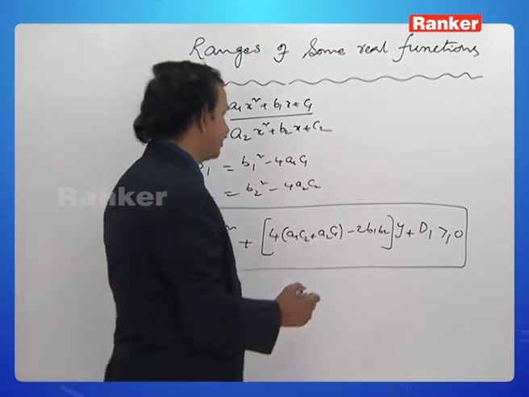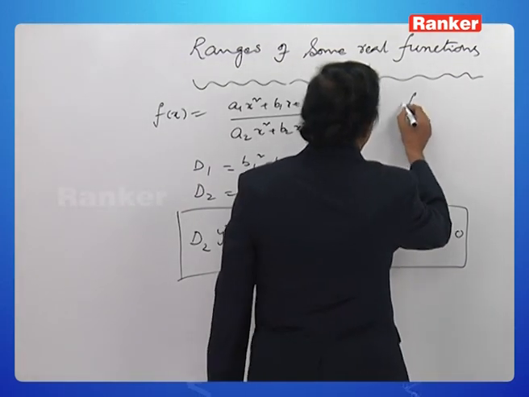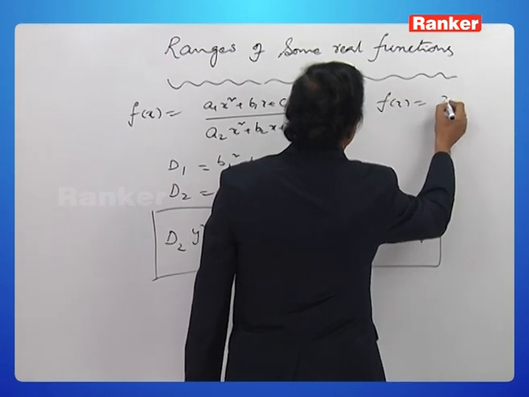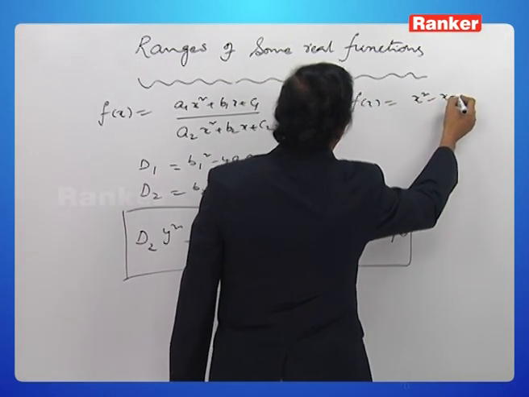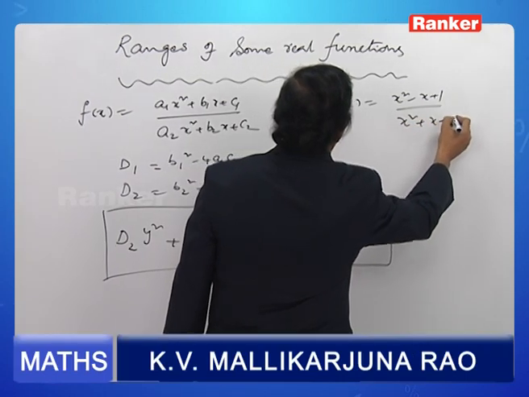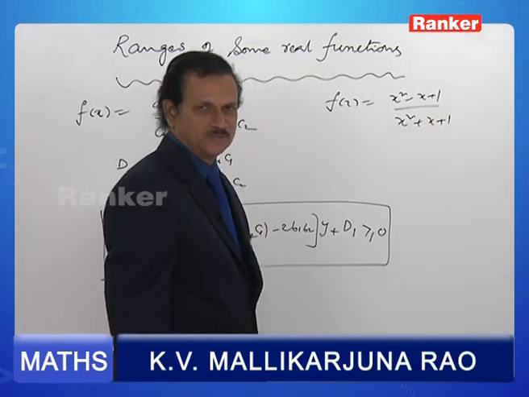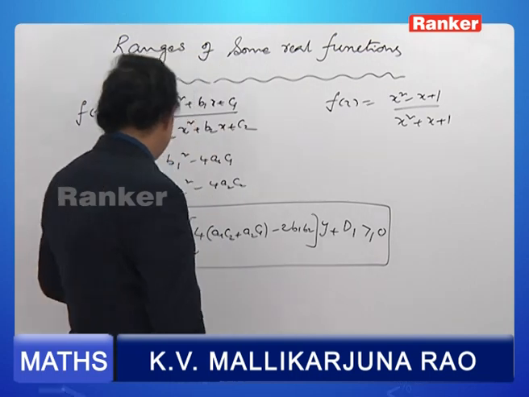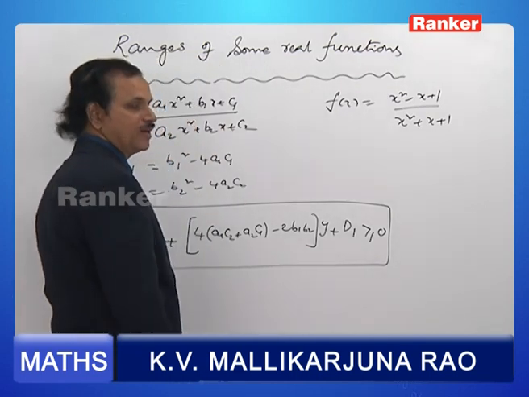Let us have an application for that. f of x is equal to, suppose, x square minus x plus 1 by x square plus x plus 1. What is the range of this expression? Let us use D2, the discriminant of the denominator.